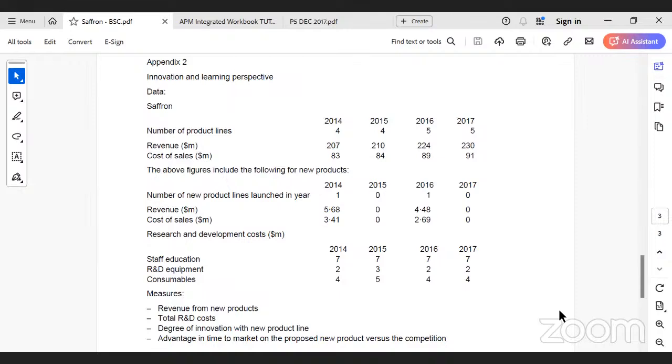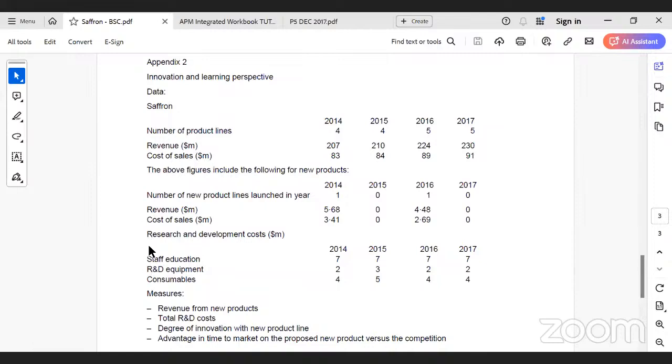So you have to tell that 4 is too much. Yeah, limit it to 2. Innovation and learning: number of product lines, revenue, cost of sales, the above figures, okay? The number of new product lines launched in the year.